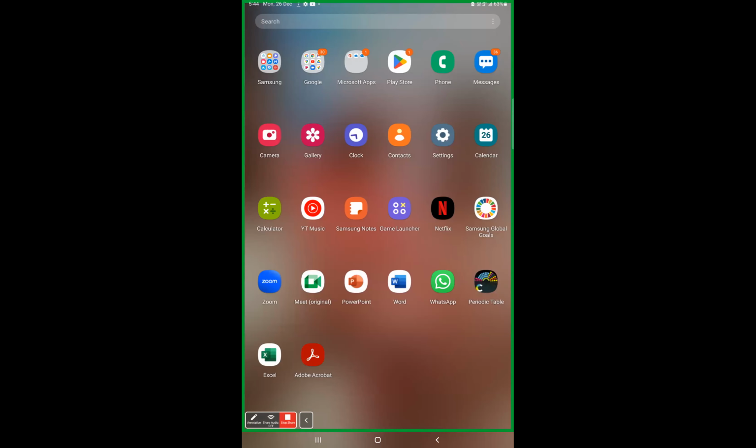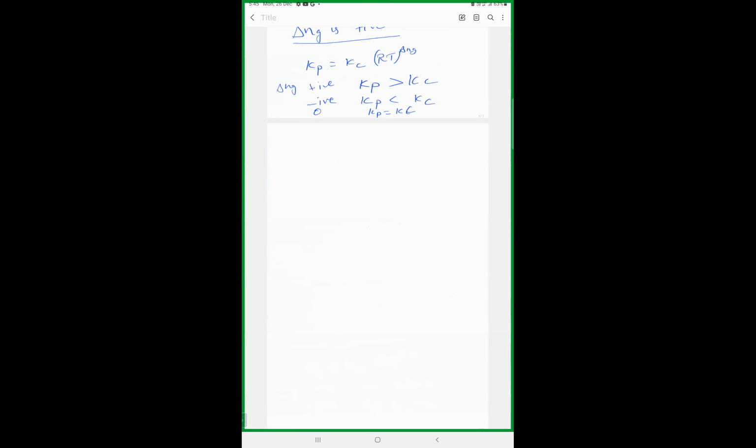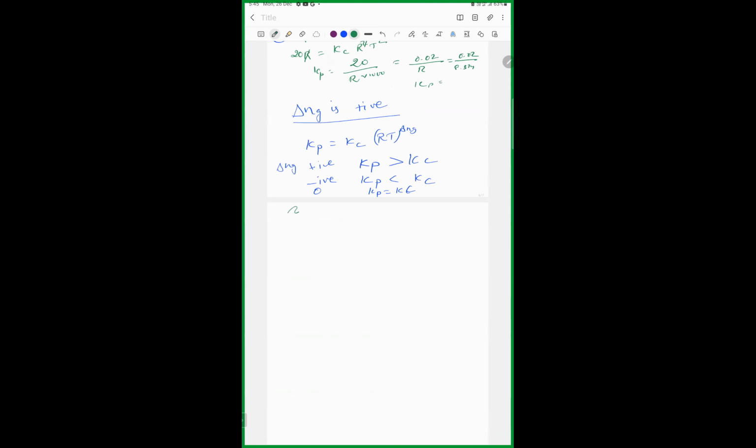Okay, so now we are going to see that. When an equilibrium has the reactant and product in different phases, it is termed heterogeneous equilibrium. For example, calcium carbonate is in the solid phase.